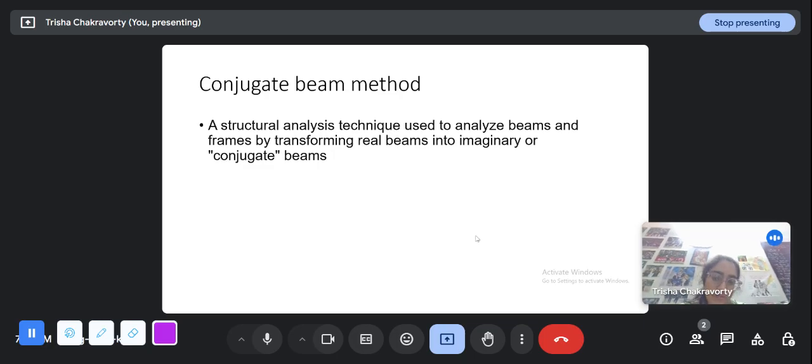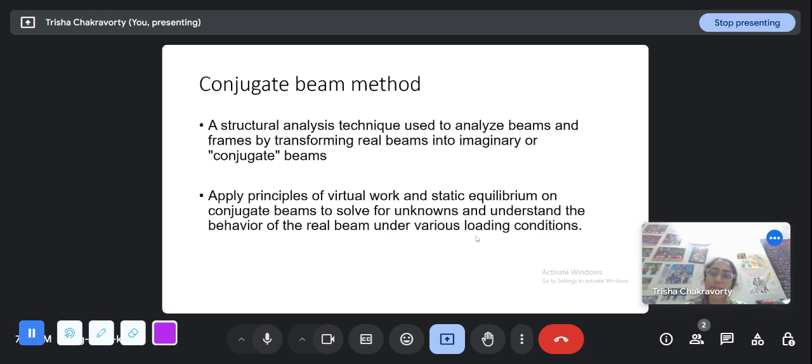From that, we get a conjugate beam, and by solving it we can find the bending moment. I'll go into the rules now. We apply the principles of virtual work and static equilibrium on conjugate beams to solve for unknowns and understand the behavior of the real beam under various loading conditions.